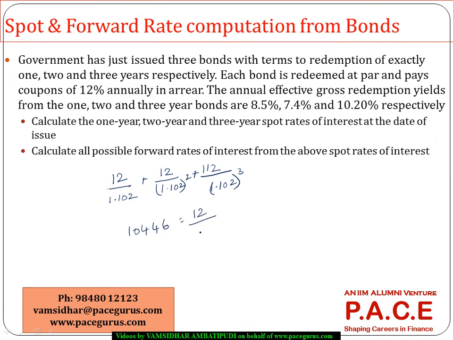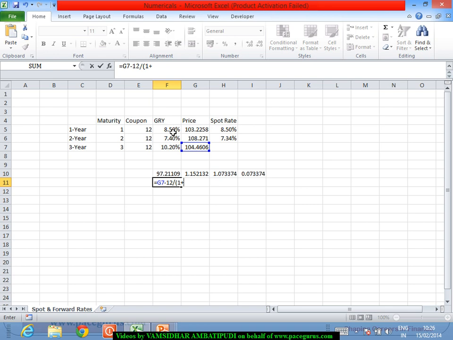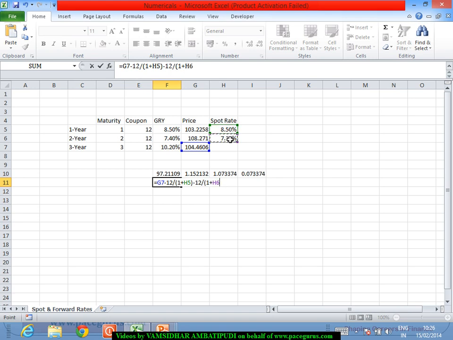This is equal to the first 12 divided by the 1-year spot rate 1.085, the next 12 divided by the 2-year spot rate 1.0734 squared, and the next 112 divided by 1 plus I3 cubed. So 112 divided by 1 plus I3 cubed is obtained by subtracting: 104.46 minus 12 divided by 1.085, minus 12 divided by 1.0734 squared.